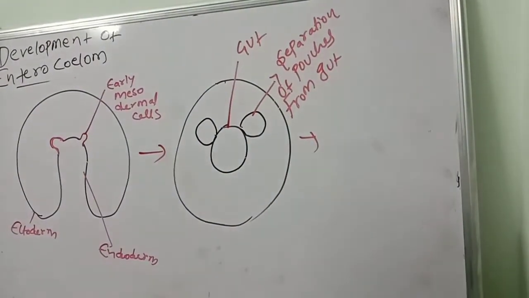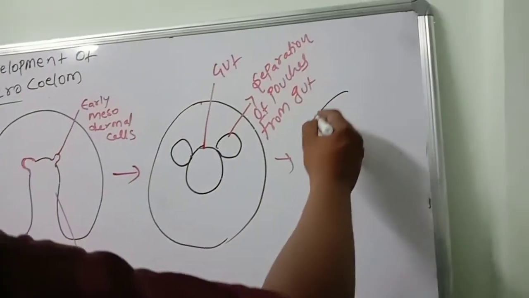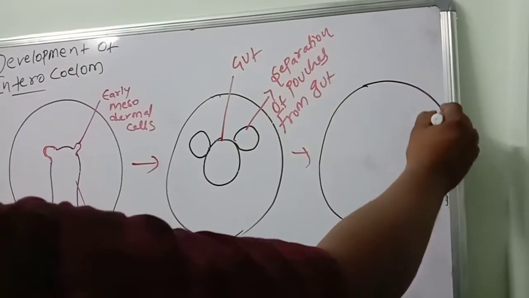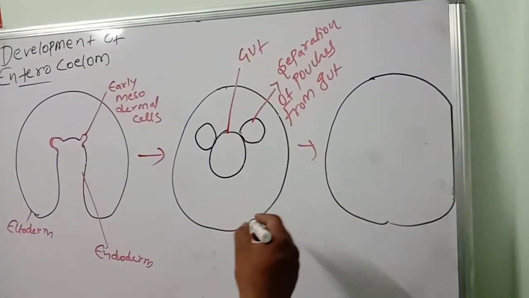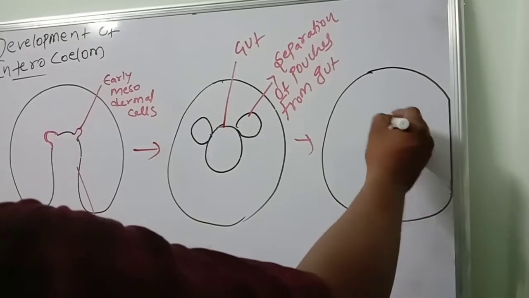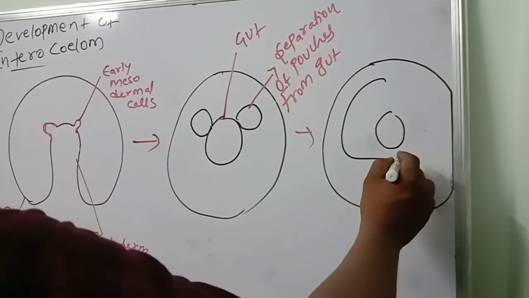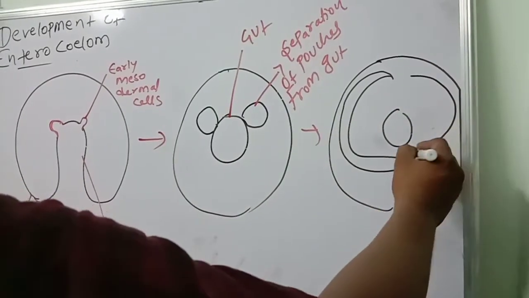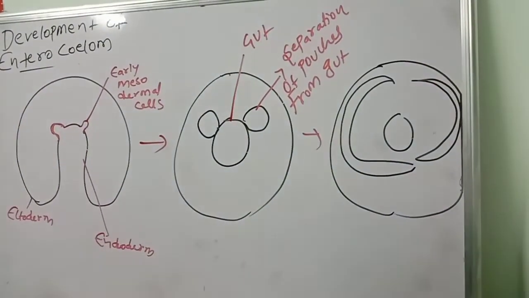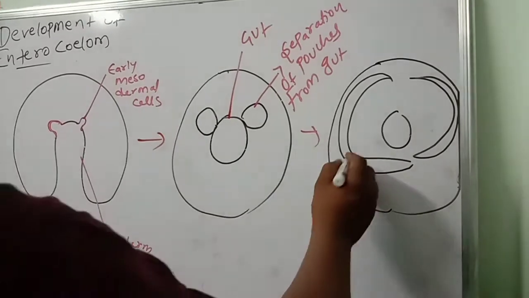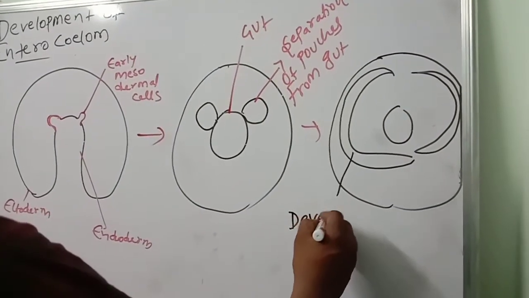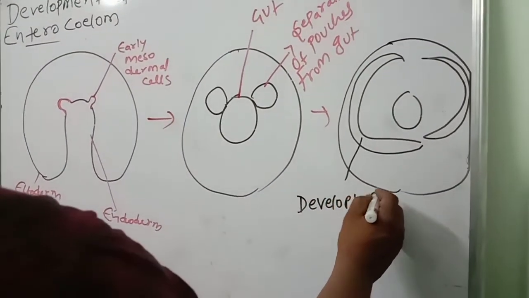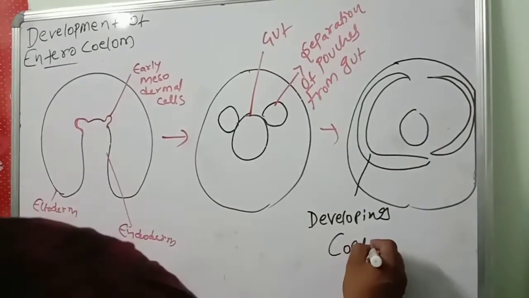In the next picture, observe very carefully. The coelom will be developed like this. This is called developing or developed coelom. From where?